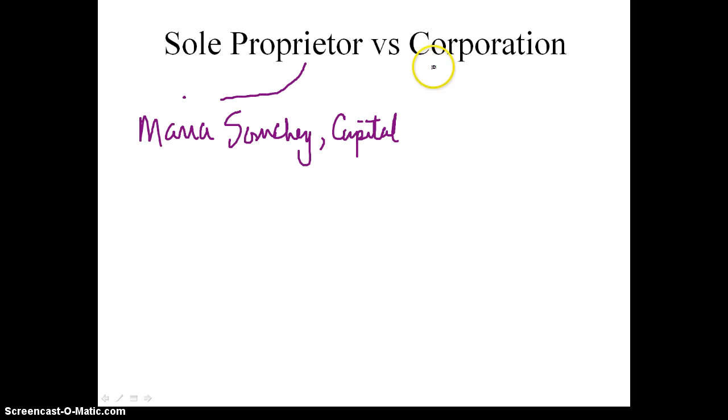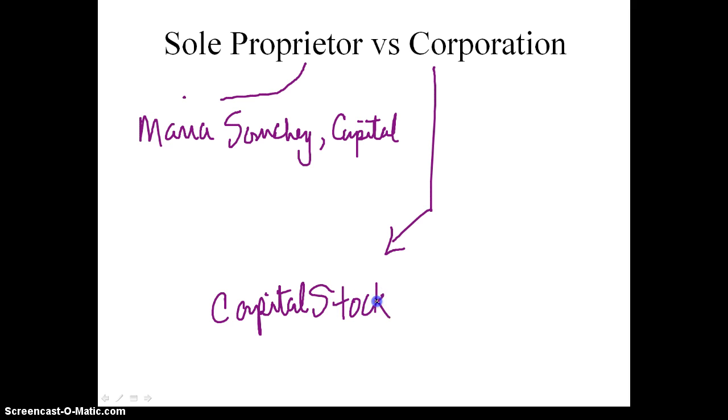Okay, now as a corporation, we're going to list this as capital stock. So moving on into Accounting 2 and the merchandising business or the corporation, we're going to list this as capital stock. Okay, so there's the difference between the two.